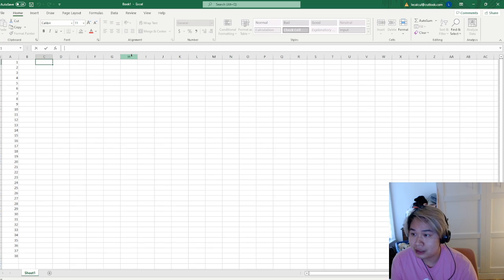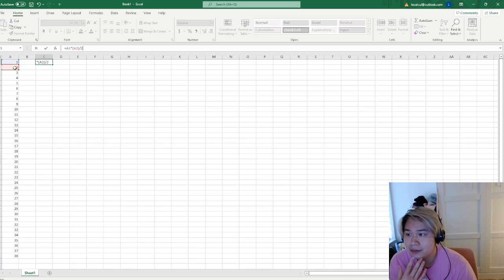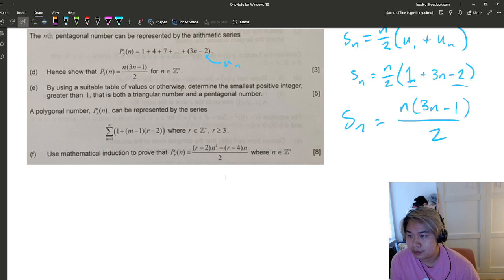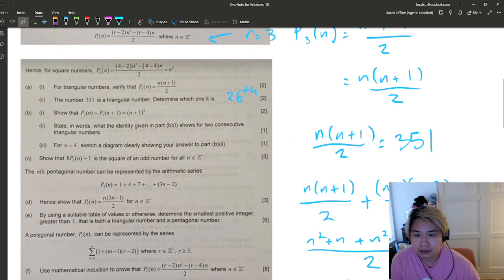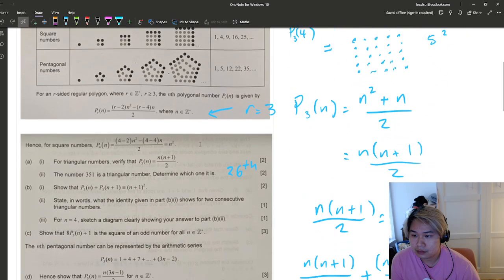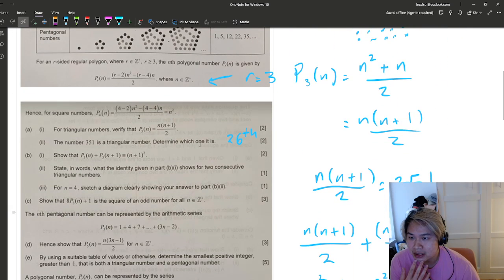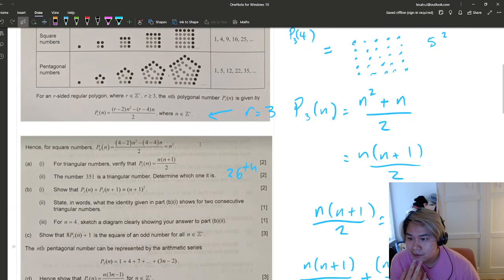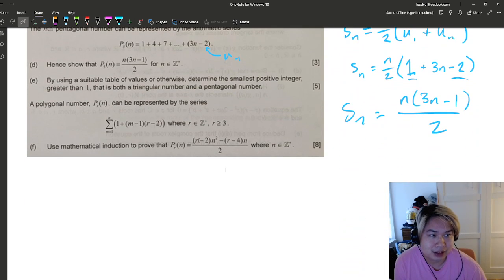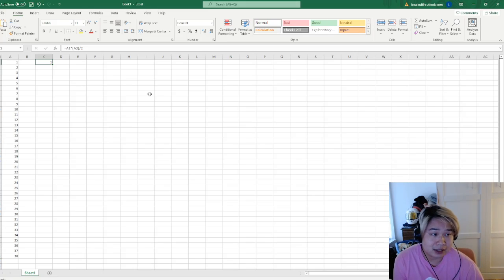So that formula was n times n plus 1, which is the next number, divided by 2, I think, right? I wonder if this is going to work out. But we'll try it out, because they're saying use a table. But it does say otherwise, so it would have been faster if I just graphed them. But this is just for curiosity's sake.